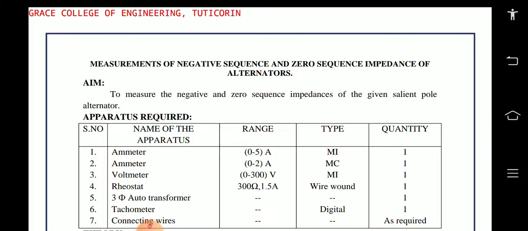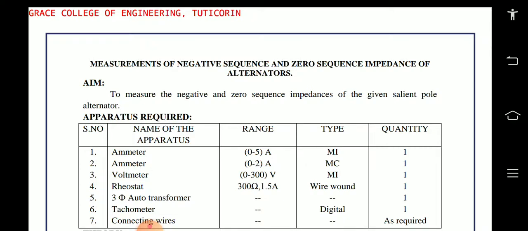The three-phase auto transformer will be used on our alternator side, to adjust or give various excitation, so that we can read the voltage and ampere with the help of the meters mentioned here.